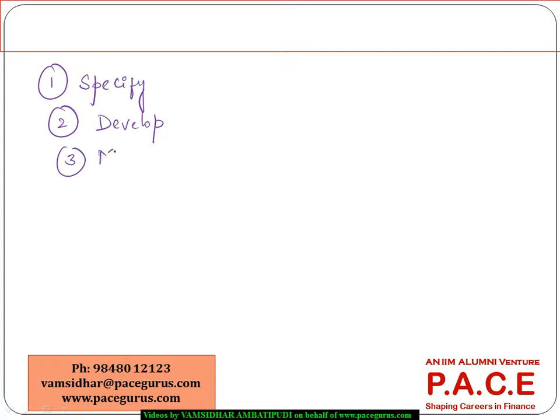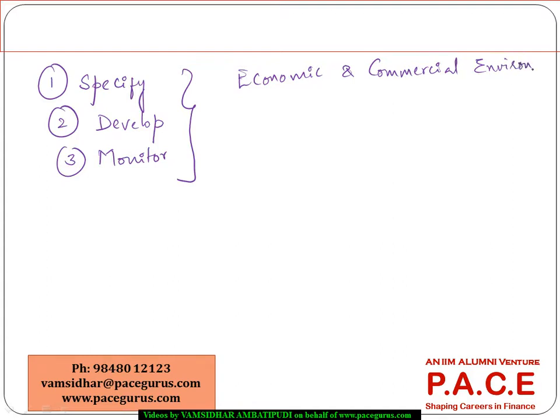But along with these three stages, where we talk about the specification of the problem, development of a solution, and monitoring the experience, all these three steps should always be specific to the economic and the commercial environment available in that particular country or for that particular project. Right? They have to be looked at in the context of the economic and the commercial environment.